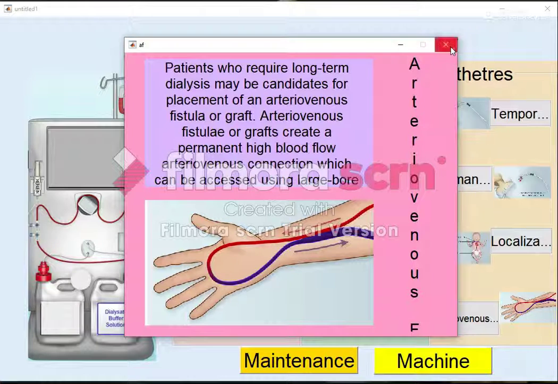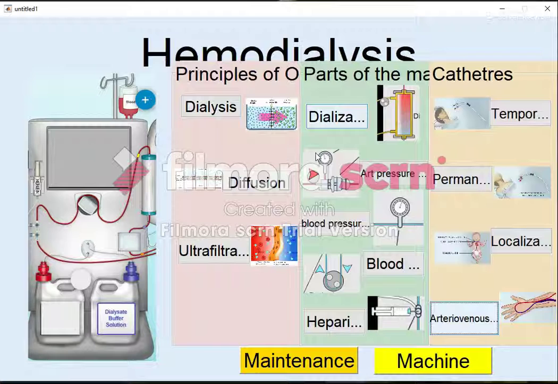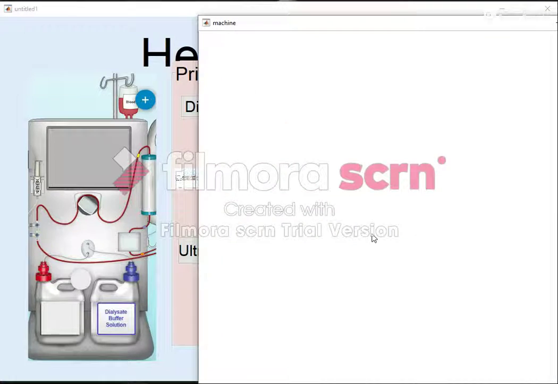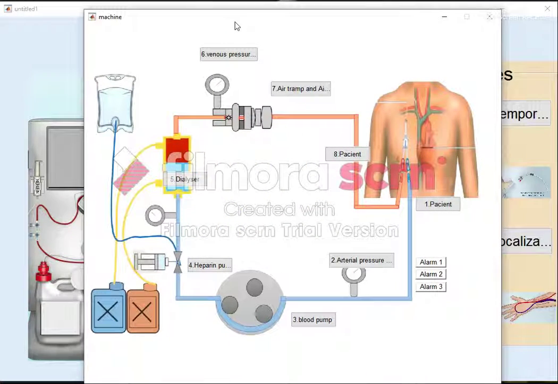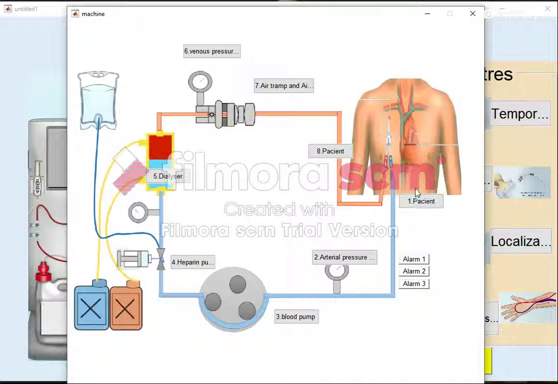This is the first part of our simulation. The other part is the diagram of the configuration of the hemodialysis machine. In this case, we can see the first part, which is the patient.